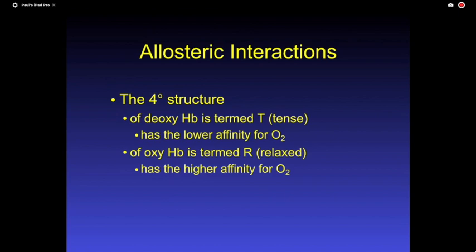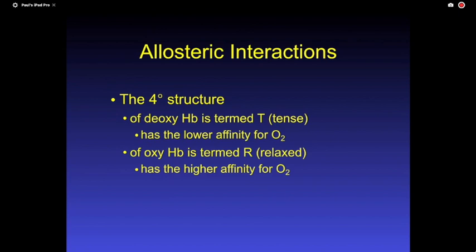The oxy form is termed R, relaxed. It has freedom of movement and it has a higher affinity for oxygen. BPG is moved out and the C terminus are able to move around. So the tense, less affinity, relaxed, more affinity, was developed for hemoglobin.